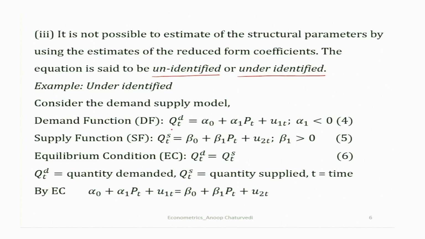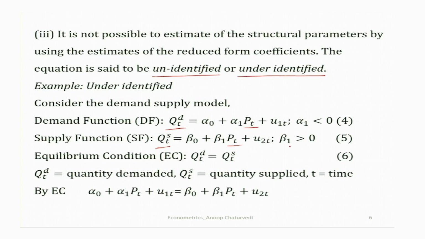So, the demand depends upon price and the supply also depends upon price, but as price increases, since we are taking alpha 1 less than 0, we presume that as price increases the demand decreases.